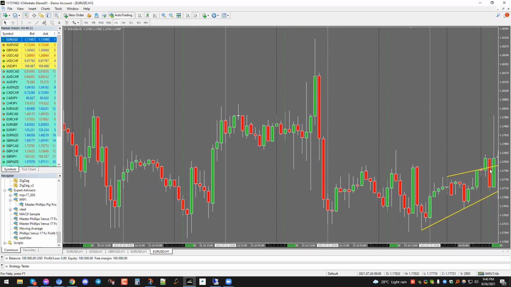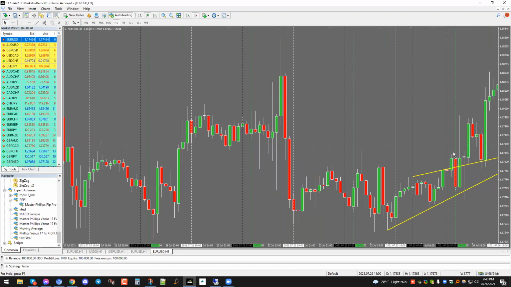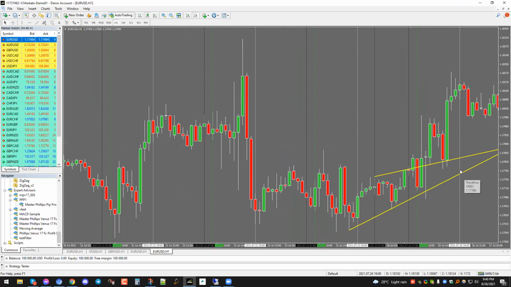So when the market open comes, you can see here that we had a candle close above. Whenever I have a candle close above or outside of the pattern, I look at the pattern as complete, right? So if the pattern is complete, we could be getting a breakout to the upside because price closed above.